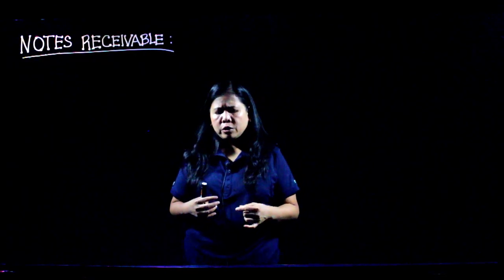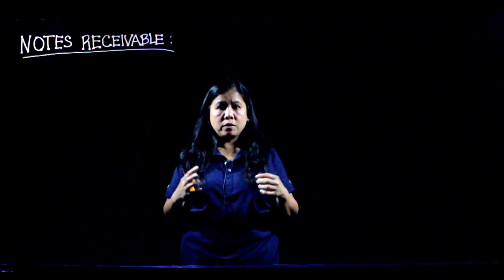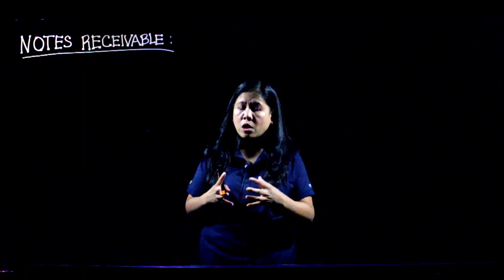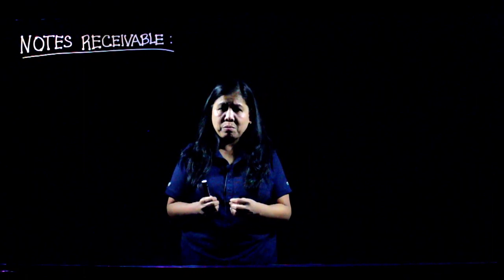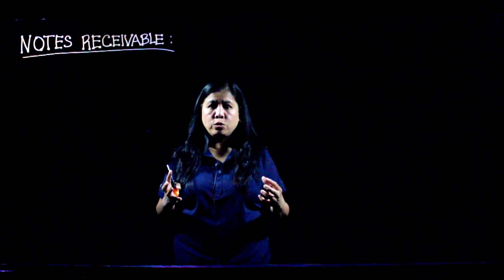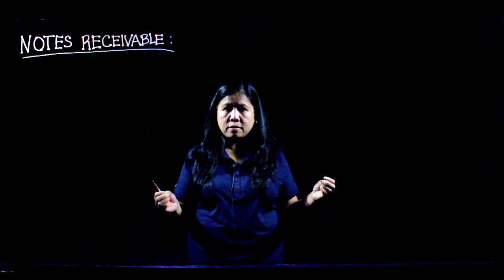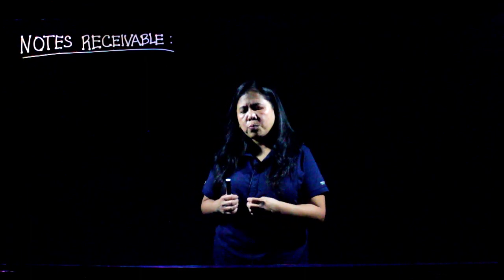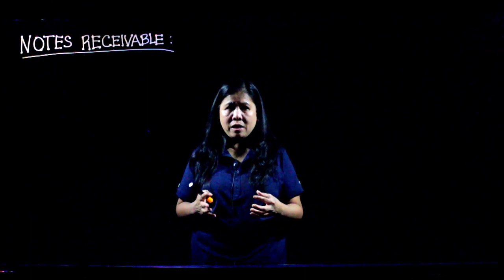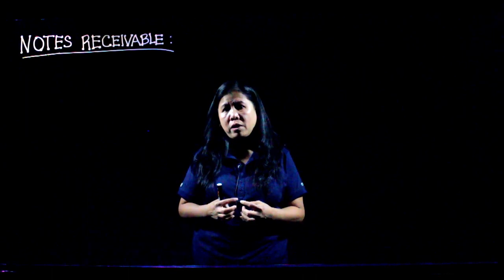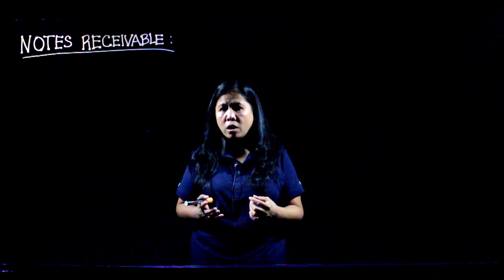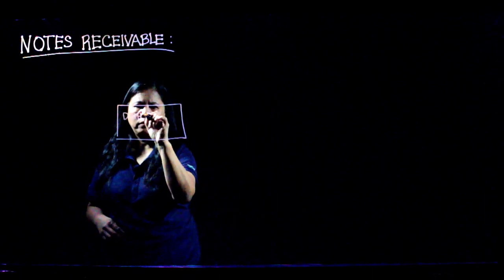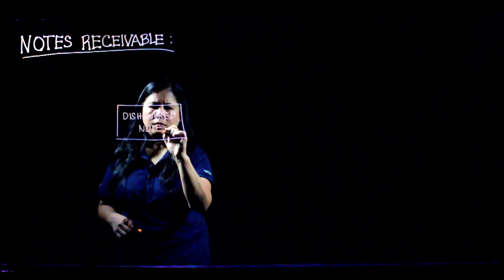All right. In the real business world, there will be instances where the maker of the promissory note won't be able to pay the amount due on the maturity date. So as an accountant, what do you do? When this promissory note is not paid on the maturity date by the maker, this note is called a dishonored note.